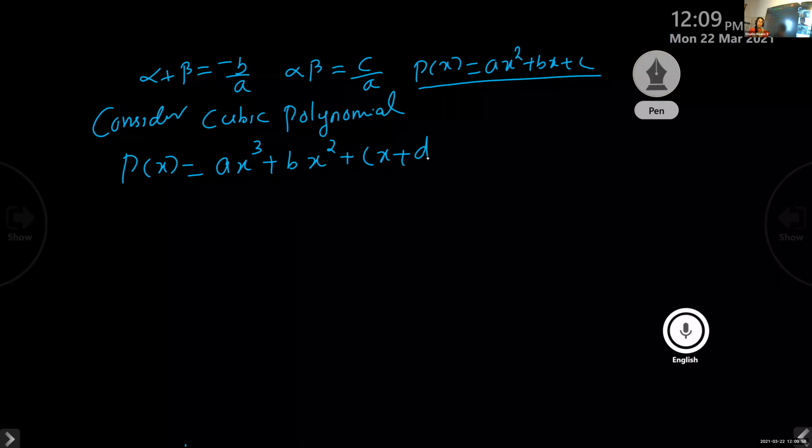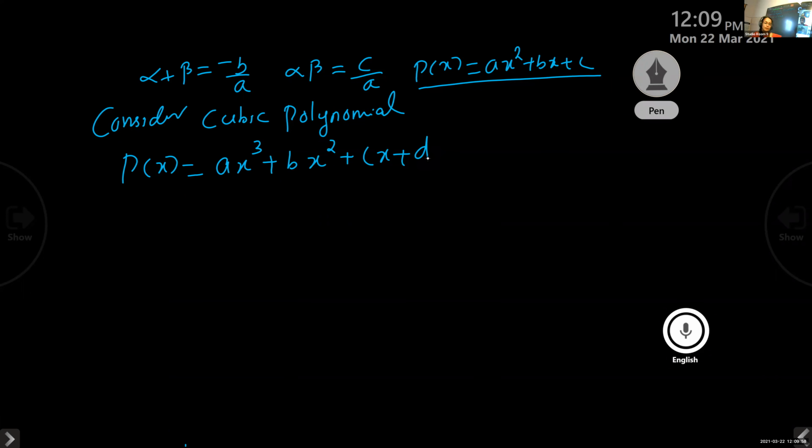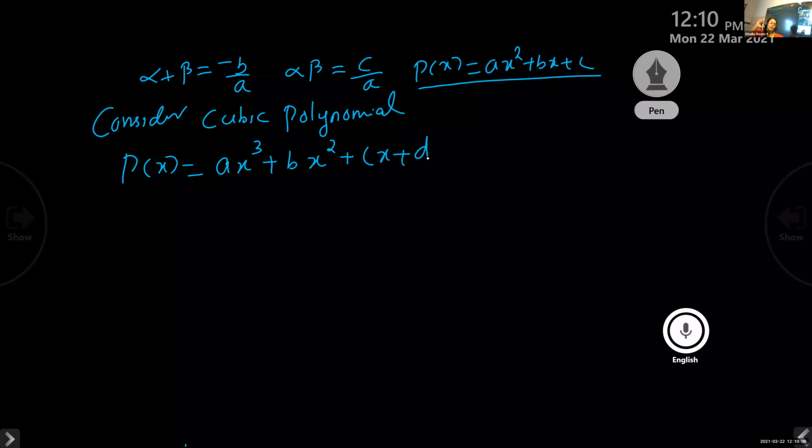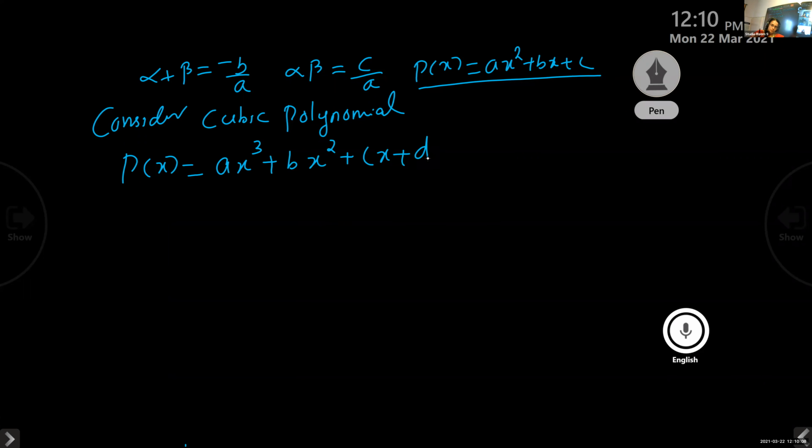Since it is a cubic polynomial, the power of x is 3. So ax cube plus bx square plus cx plus d is a cubic polynomial.